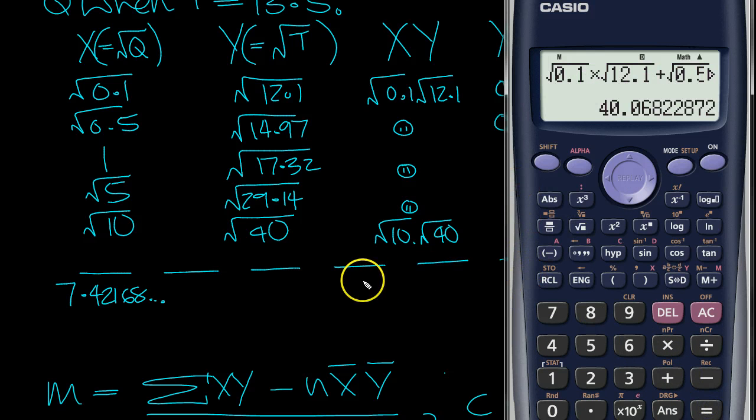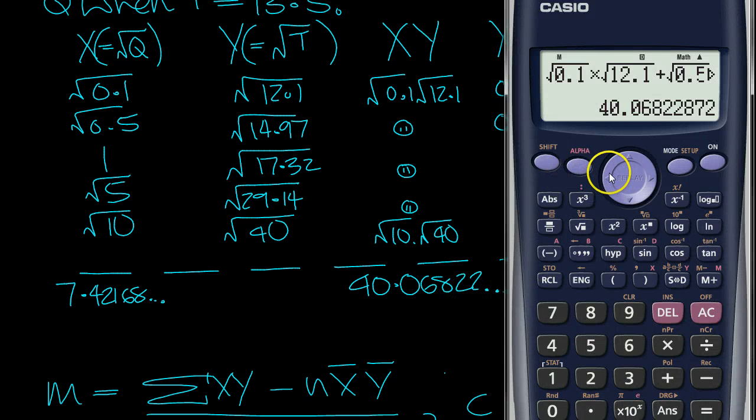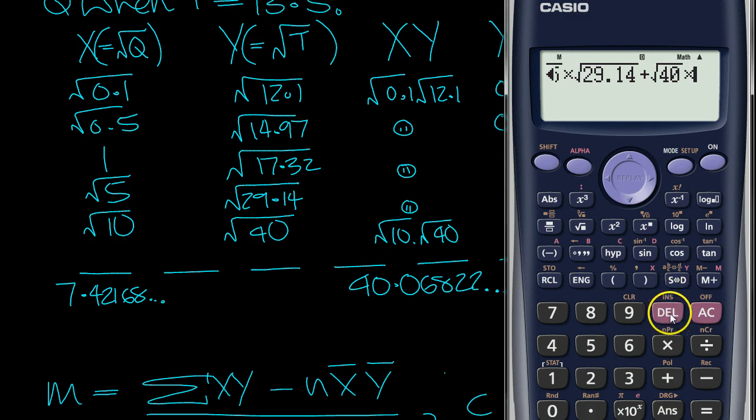40.06822, and so on. And then we can just delete the other square roots, can't we? So we can delete the root 10 part. And then we got the root 40, so that's okay. Then the 29.14, and delete the root 5. And then we've got root 17.32 times 1, which doesn't really matter.